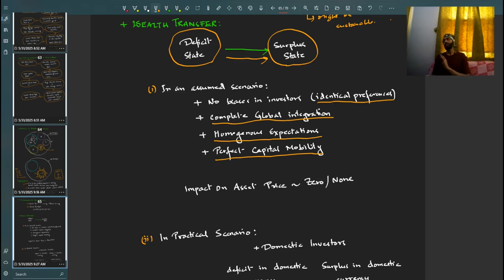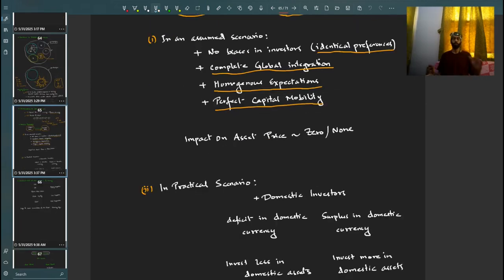Now, if a global market portfolio situation has happened because of these conditions, that is free cash flows, homogeneous expectations, identical preferences, complete global integration, perfect capital mobility, so let's say this is the global market and there are different currencies with different portfolios under this condition, right?